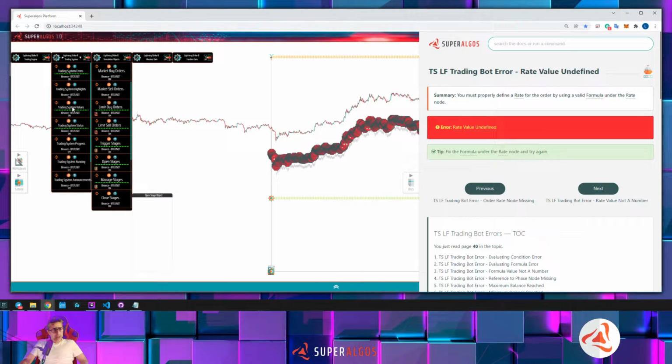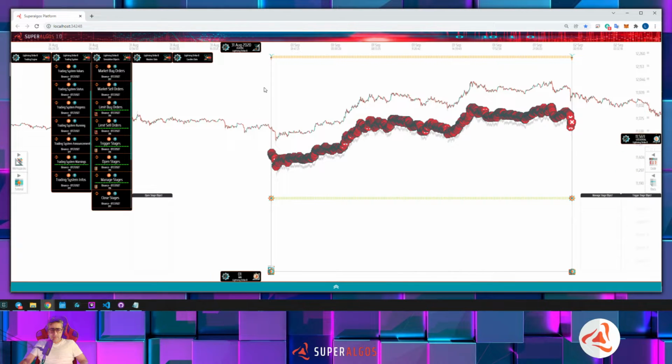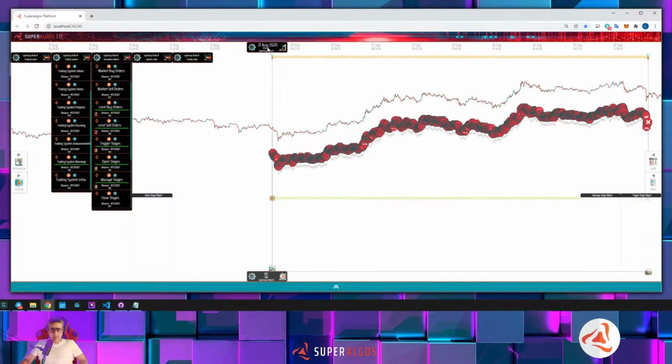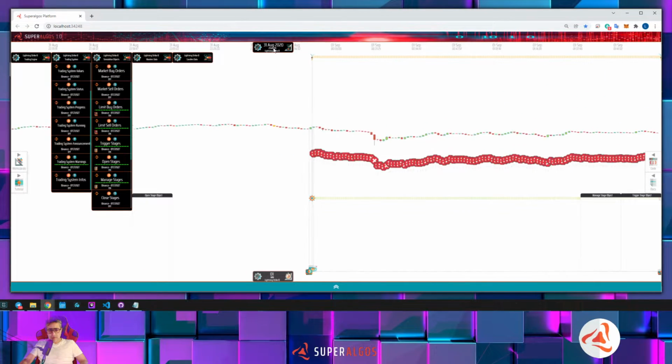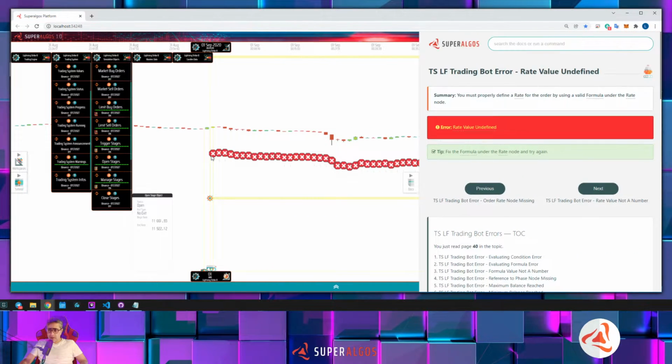So we don't need this highlight system status, we just want errors and warnings. Okay, there is one error everywhere. Rate value undefined. Okay, you must properly define a rate for the order by using a valid formula under the rate node.